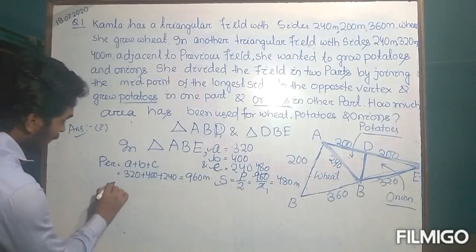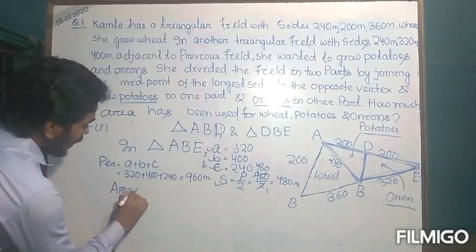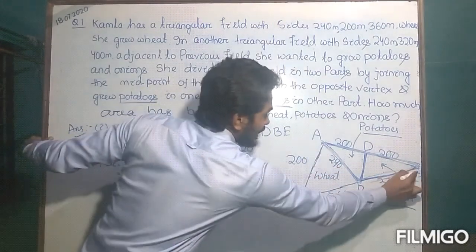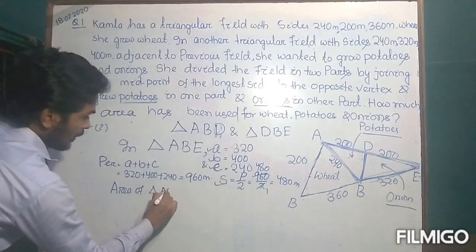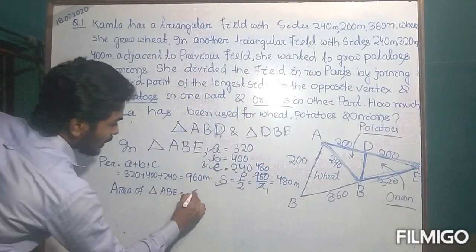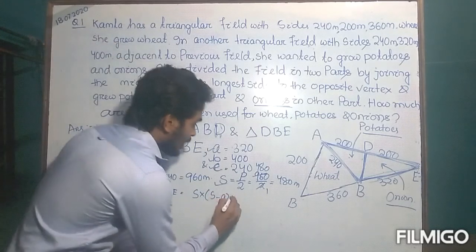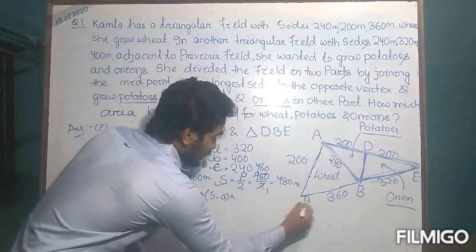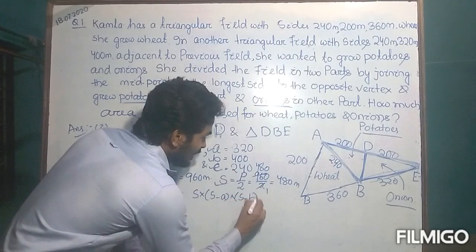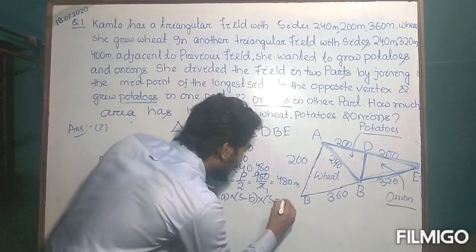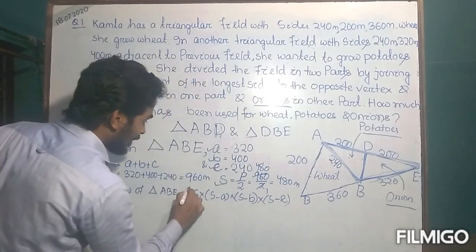So area of triangle ABE is equal to S into S minus A into S minus B into S minus C. No, S minus E. Okay.